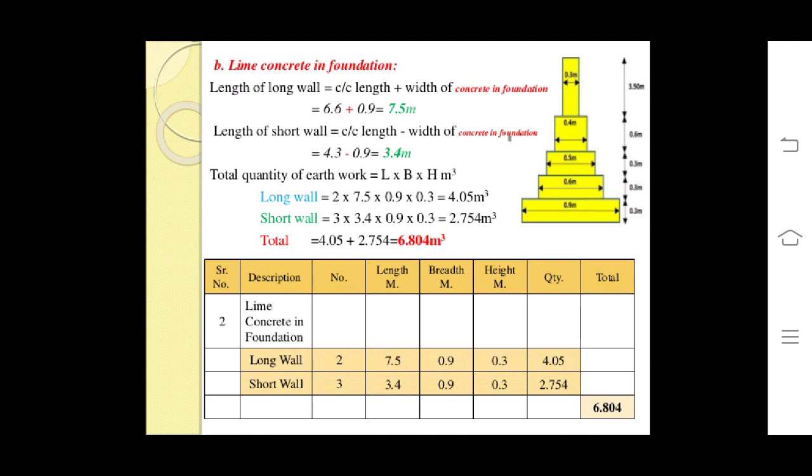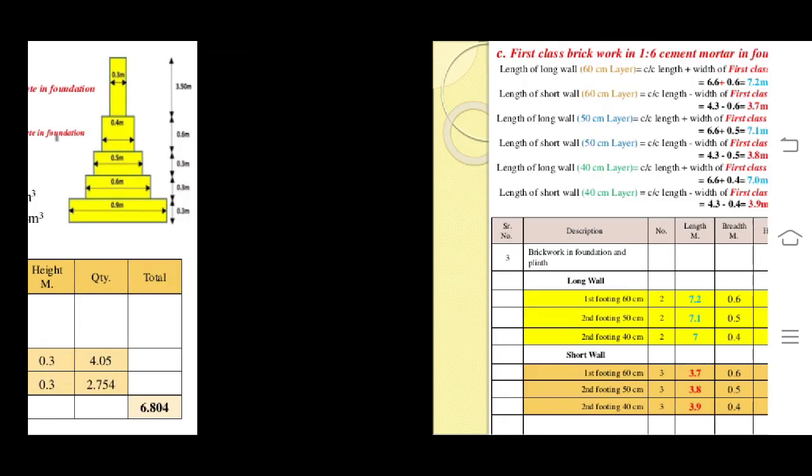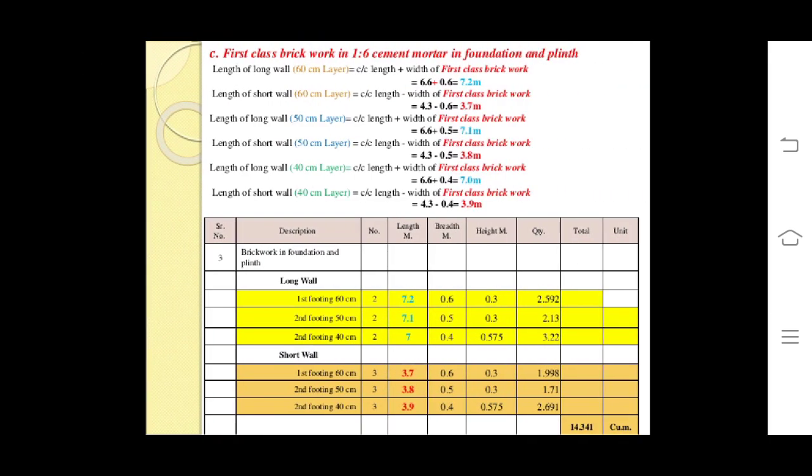The total quantity for lime concrete is 6.804.